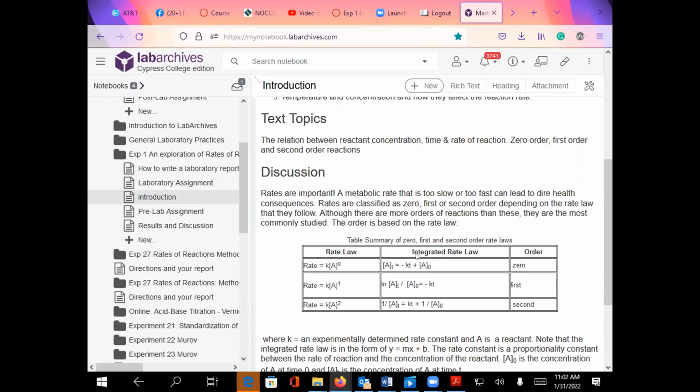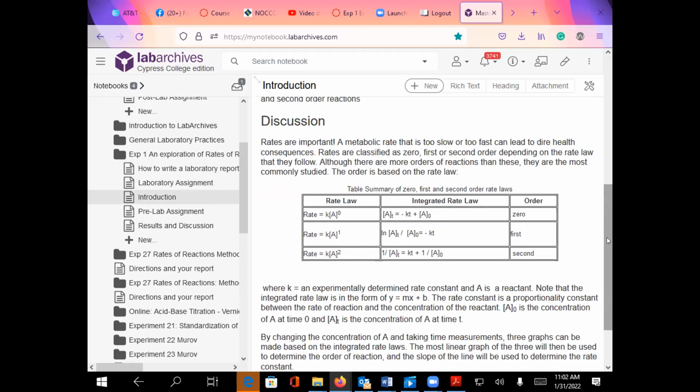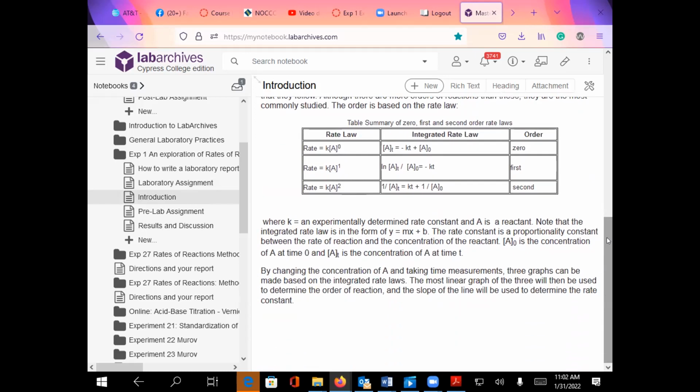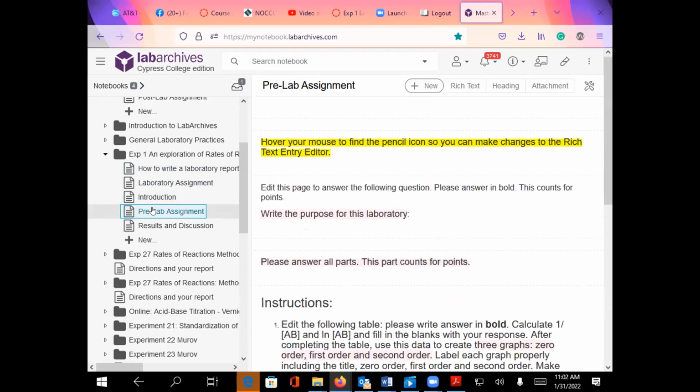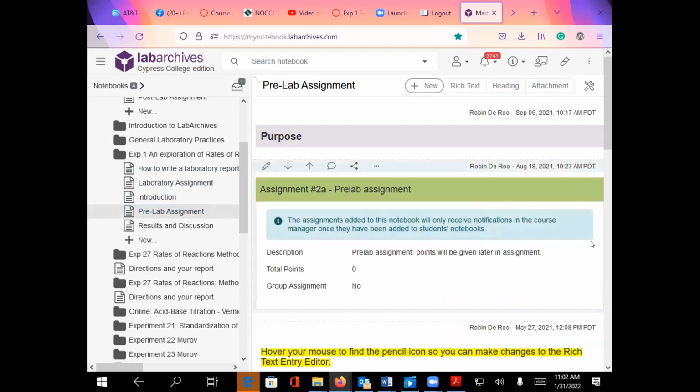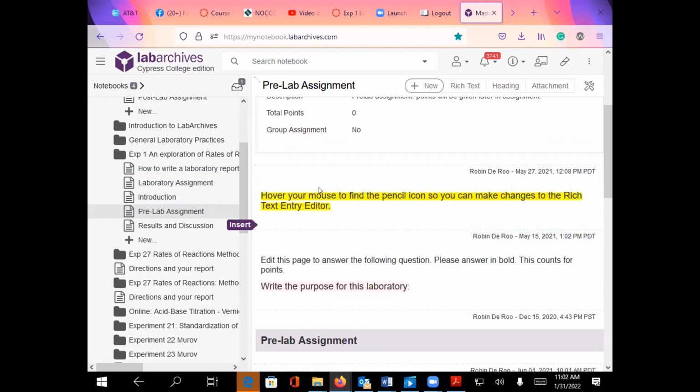There's our rate law, integrated, and the order. Here's your assignment. Again, it's 0 points because the points are later, but you still have to do this.